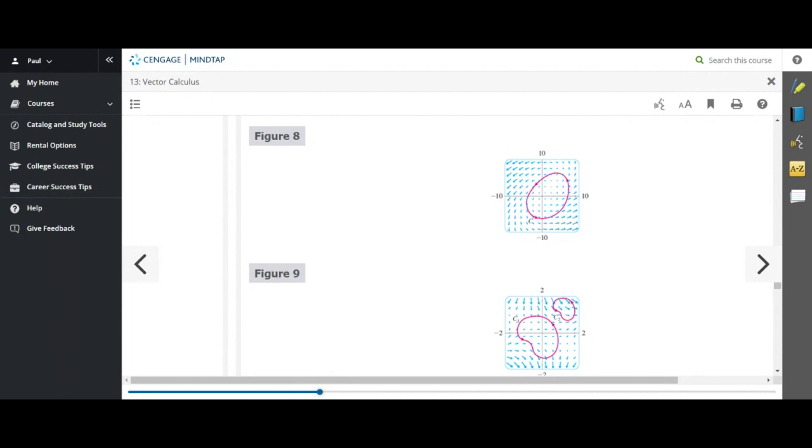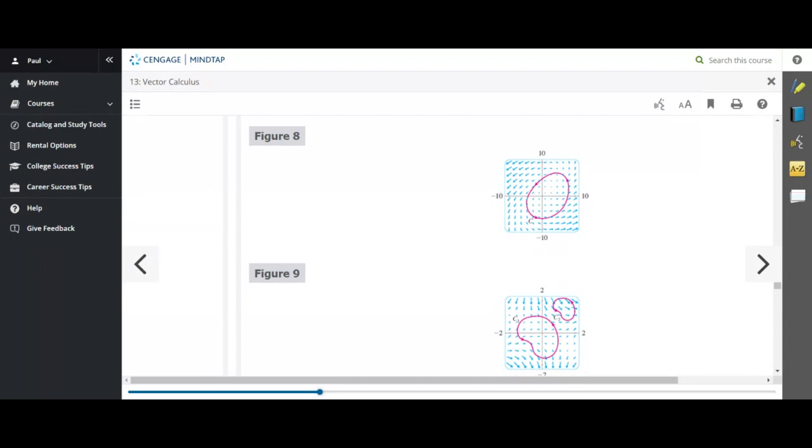Do the vectors sort of push the particle along the path in the first quadrant? It's a yes or no answer. Look at the vectors, look at the space curve. Pretend those vectors are like wind, and is the wind helping move the particle along that path in the first quadrant? Marina says yes.